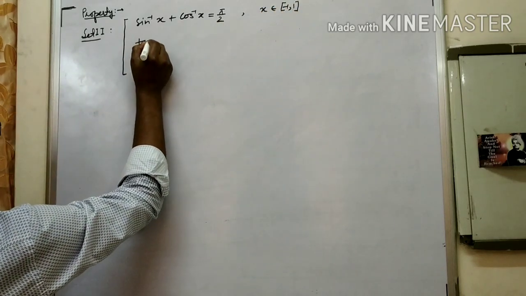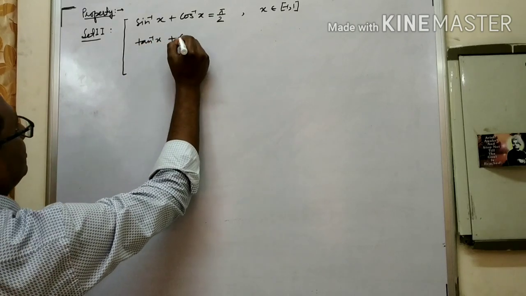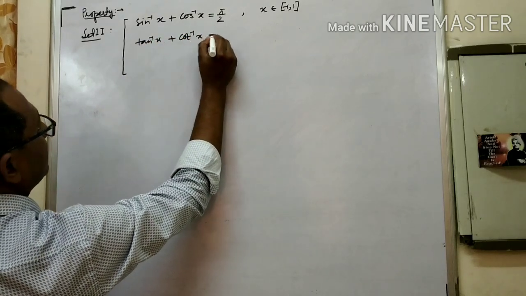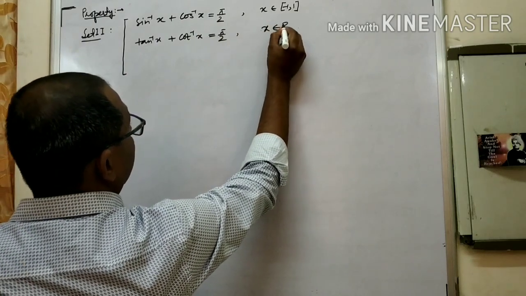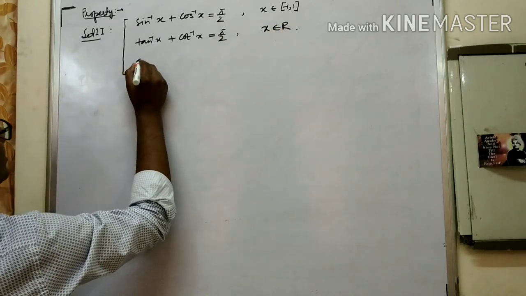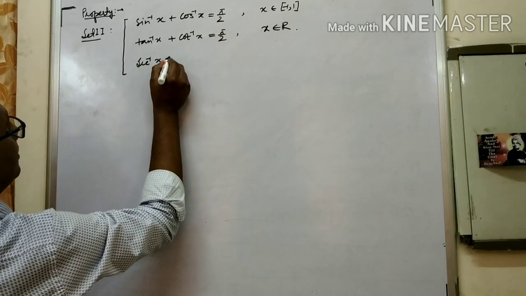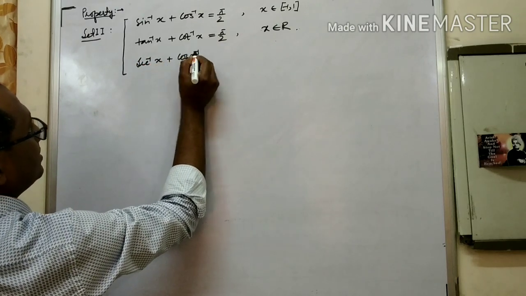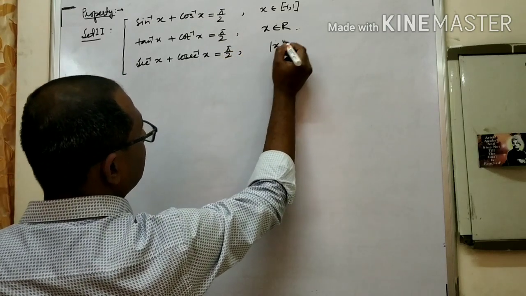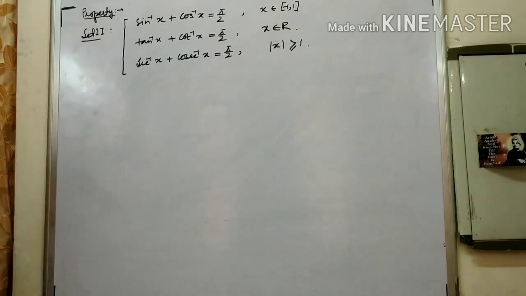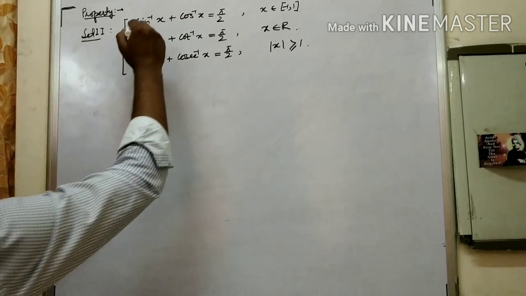Tan inverse of x plus cot inverse of x is equal to pi by 2 for all x belonging to the real numbers. Then sec inverse of x plus cosec inverse of x is equal to pi by 2 for all modulus of x greater than or equal to 1. We'll try to prove the first one.